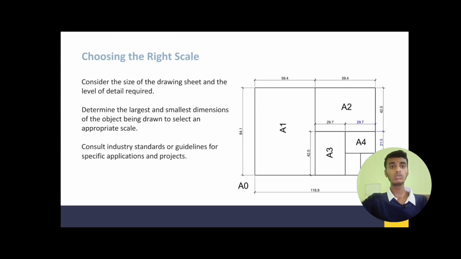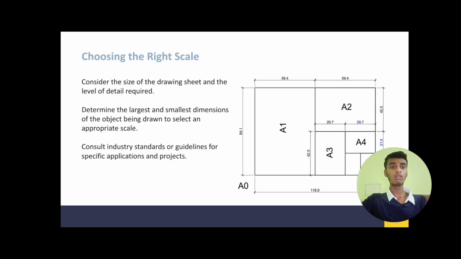And how to choose the right scale? Choosing the right scale is an important thing in engineering drawing, because of the size of the sheet which you choose, that is A1 size sheet, A2 size, A3 size, and A4 size. You can use these four sizes, but in engineering drawing more frequently A4 size is used.